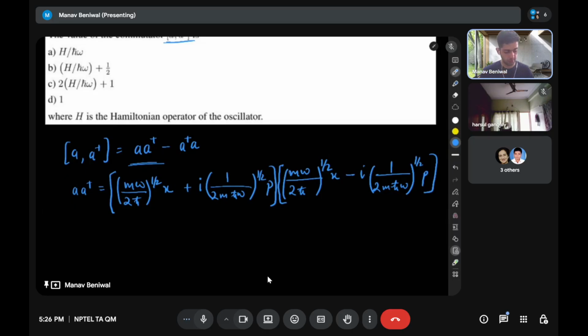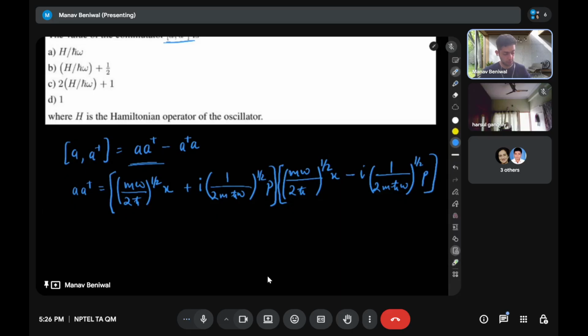Now these first two terms will give me x squared, and similarly these last two terms will give me p squared, and then I'll have two cross terms. This and this will have xp, and this will have px.